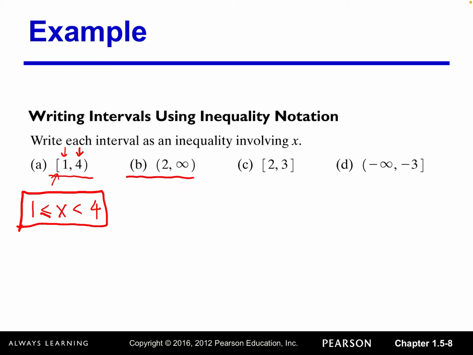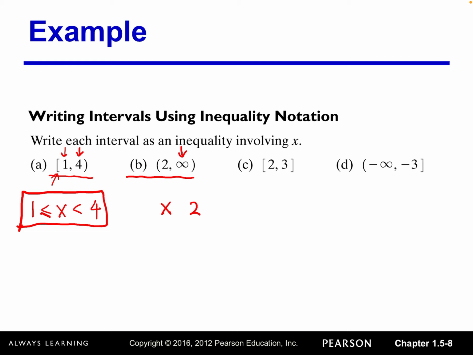And then B. If we see one boundary goes to infinity, that means we only have one boundary. So we put an x on the left-hand side and the boundary 2 on the right-hand side. We only have one boundary, so x always needs to be on the left-hand side and the boundary number always on the right-hand side. Then we determine the inequality symbol. Should we use less than or greater than?